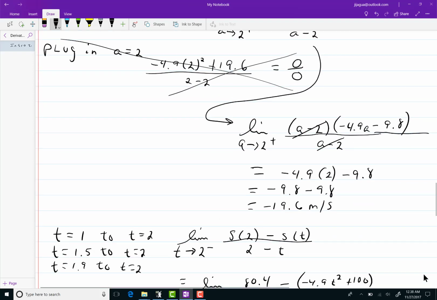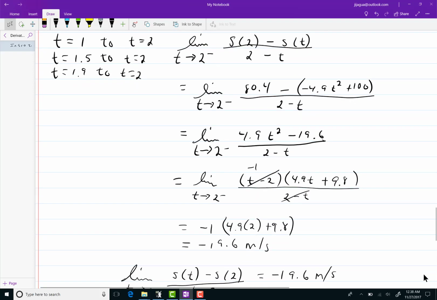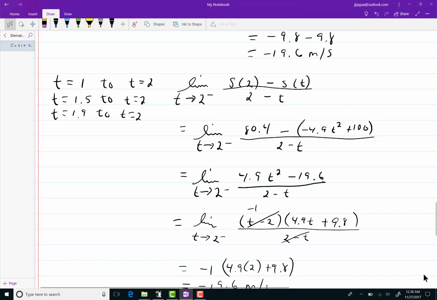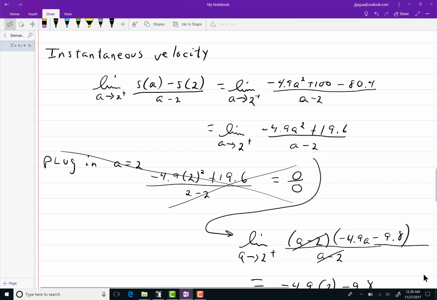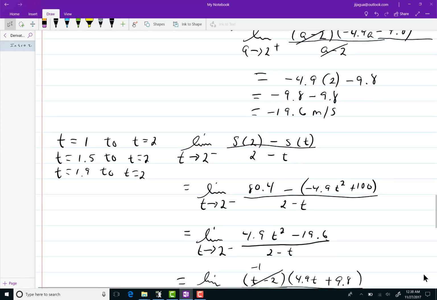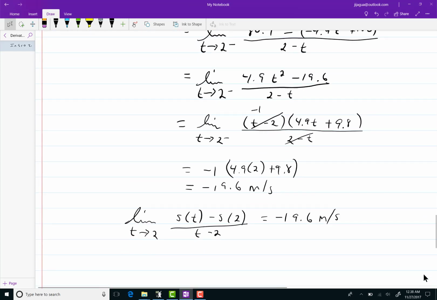Now I'll go back to this version, 2 first, t second, 2 first, t second. What happens if, algebraically, I multiply the numerator by negative 1 and the denominator by negative 1, I will get this expression up here, except there'd be a t instead of the a. Not everything has symmetry like this.